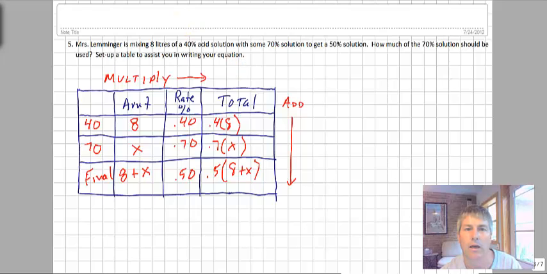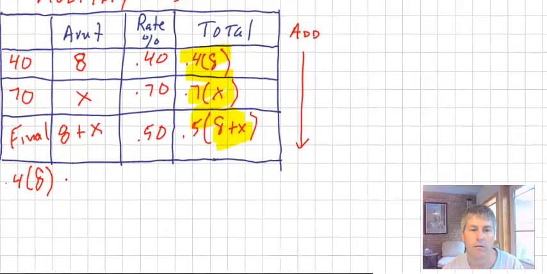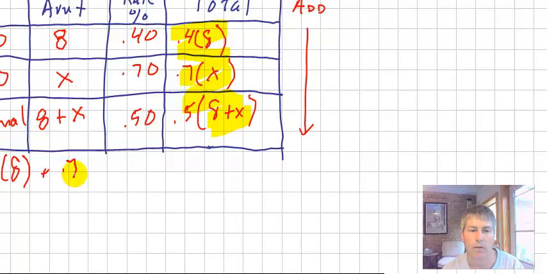So once again, this is going to be our equation where we have 0.4 times 8 plus 0.7 times x equals 0.5 times 8 plus x.